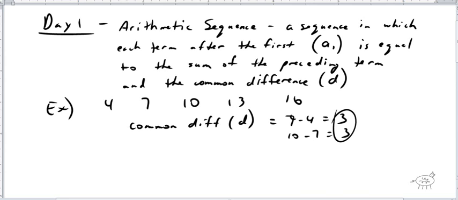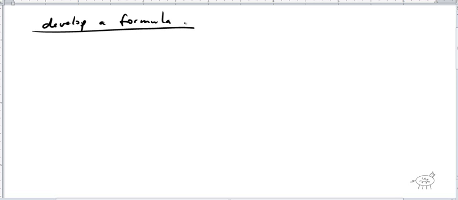So let's develop a formula here, math fans. If I tell you a sub 1 is 4, and then a sub 2, I'm going to say 4 plus 3 and 1 of those.